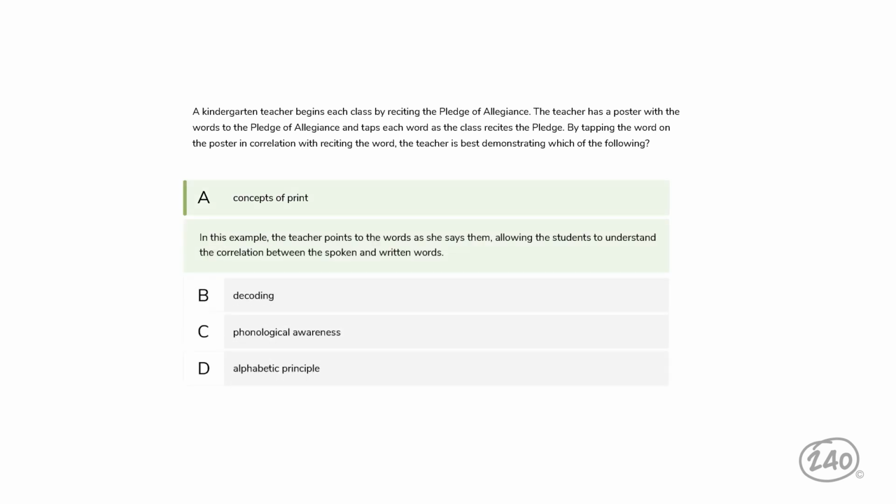This is the correct answer. A part of concepts of print is awareness of print and environment and an understanding of how it works. The teacher is promoting the student's understanding of the correlation between written and spoken words by pointing to them as she says them out loud.